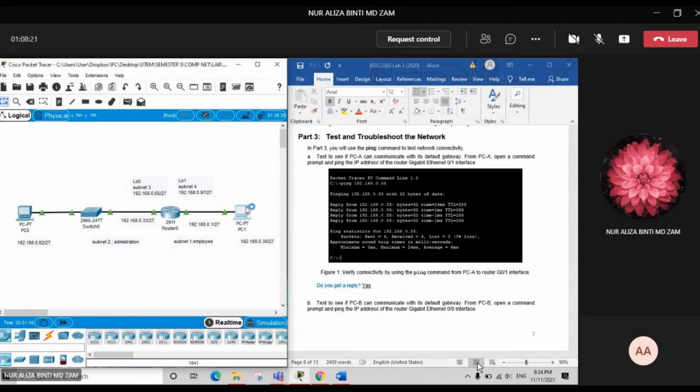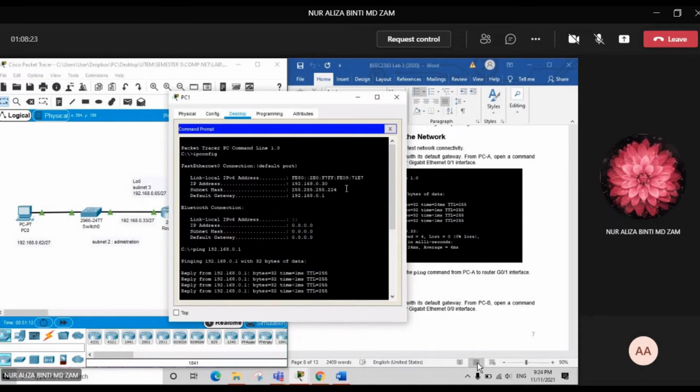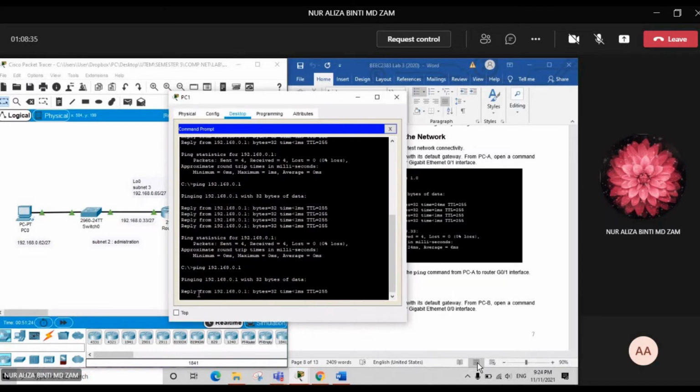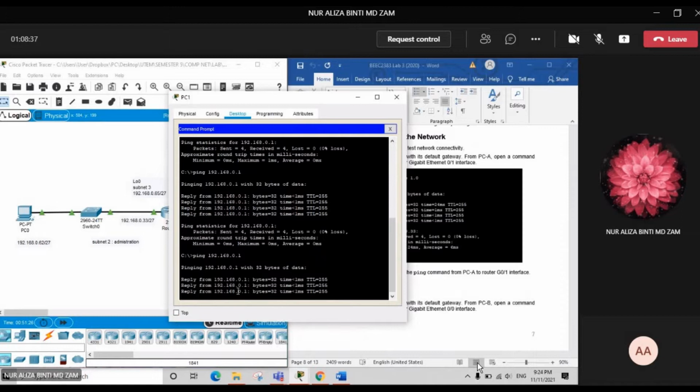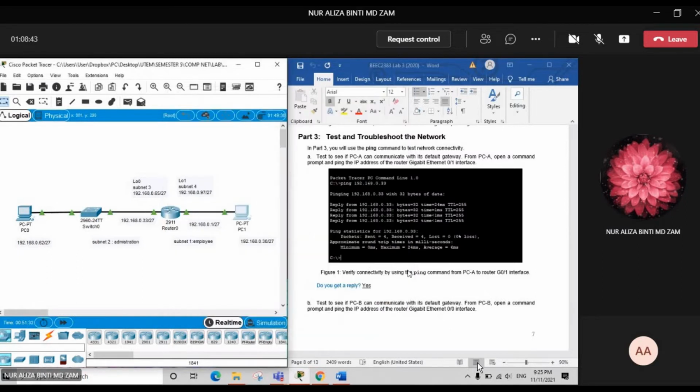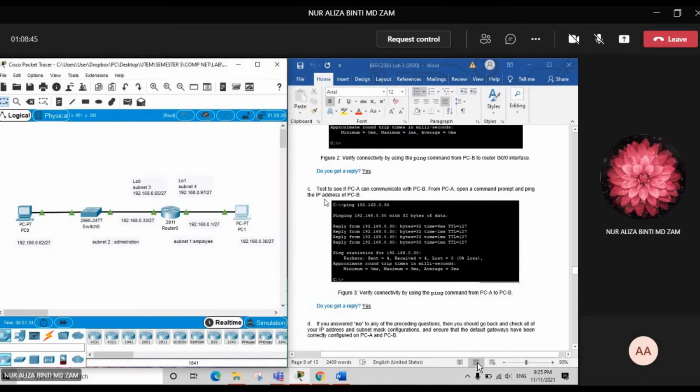Okay, for PCB, we have to ping the default gateway. As we can see here, we get the reply. The sent is 4, received 4, lost 0. Okay, for the last part, we have to test if PCA can ping PCB.